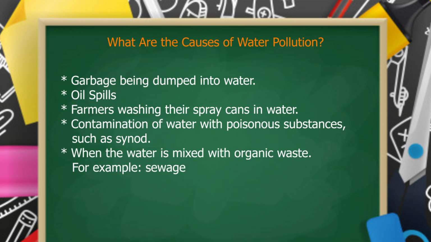When water is mixed with organic waste, for example sewage, which is our wastewater that goes down the toilet, and it comes in contact with other water, that is what causes water pollution. It causes the water to be unsafe for human consumption or for the environment. So we have to be careful.